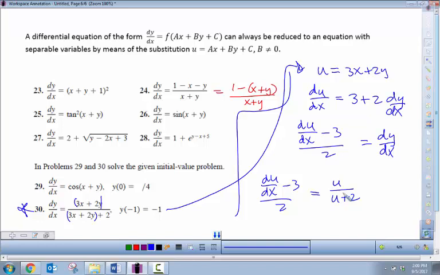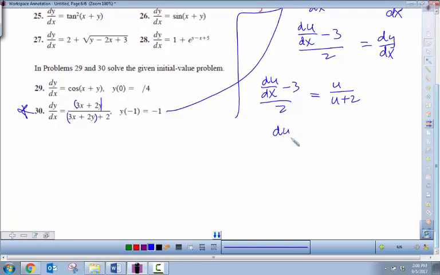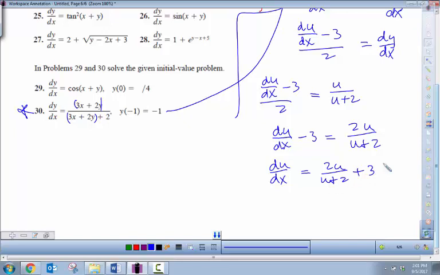So this is supposed to be separable, and we just solve for du dx, bring the 2 over, and subtract the 3. Well, let me do this in steps. I need common denominators.